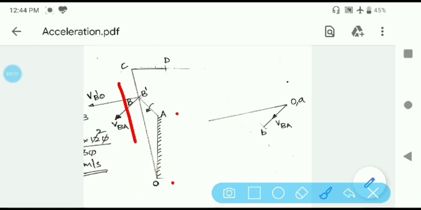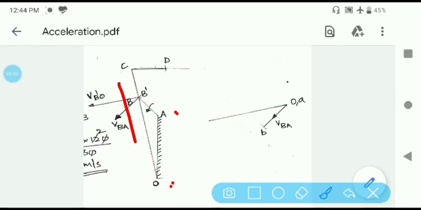Out of these three motions, we have now incorporated two rotational motions, that is rotation about A and rotation about O. That is, we have represented the velocity of B relative to A and O, and these two motions are rotational. Now we need to incorporate the third motion, that is the translation motion along link OC.